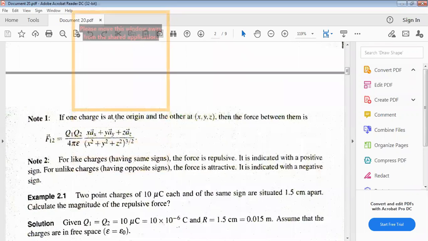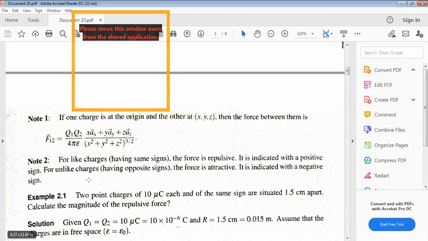So one charge is at the origin and another exists at some xyz point. Then the resultant F1 equals Q1 Q2 by 4 pi epsilon naught into (x ax, y ay, z az) by (x square plus y square plus z square) over 3 by 2.